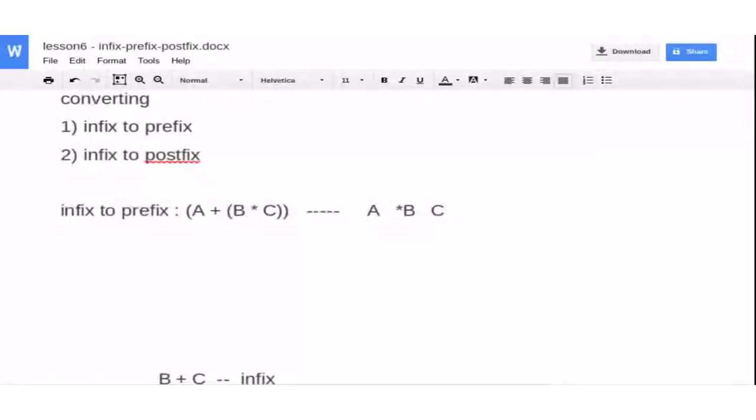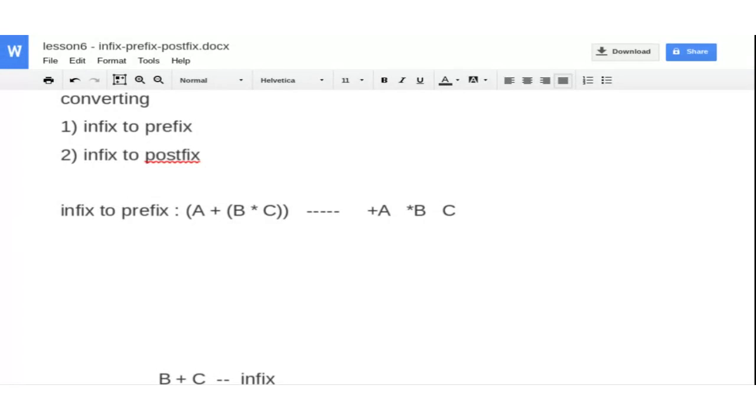Sorry, I think I'm pressing the wrong bracket there. So the plus comes at the front of A, because we are moving our operators to the left of the operands. And because we are done with all the operators, this becomes the prefix form of our example expression.